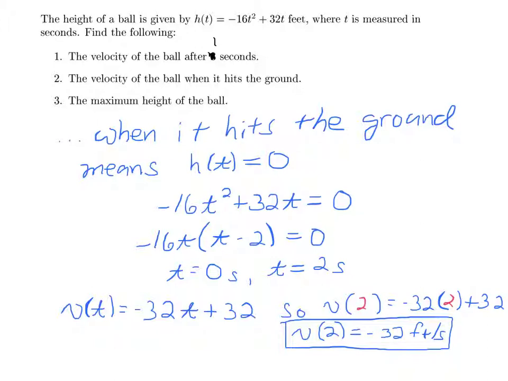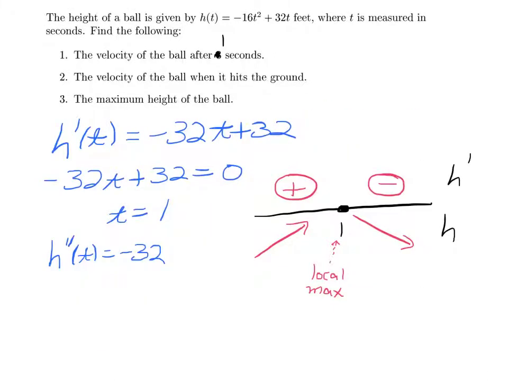Lastly, we want the maximum height of the ball. So we take the first derivative, which turns out to be the velocity. We set that first derivative equal to 0 to find the critical points. So minus 32t plus 32 equals 0. We solve this equation, and we determine that t equals 1 second. Then I do a little sign chart to use the first derivative test.